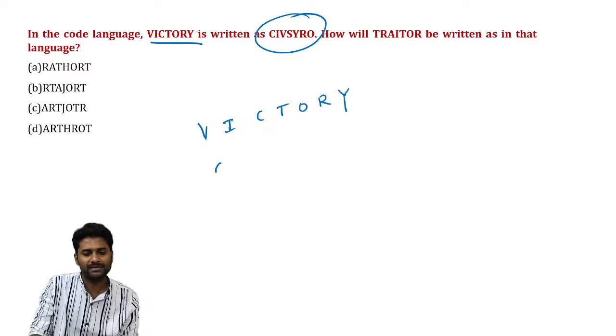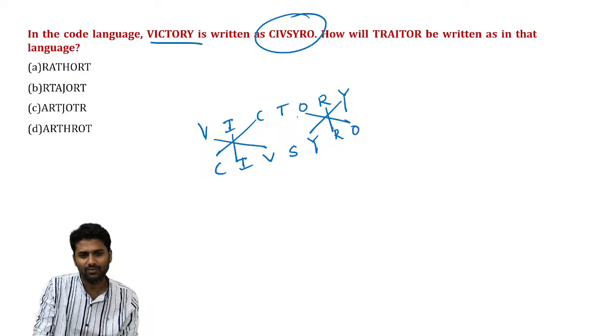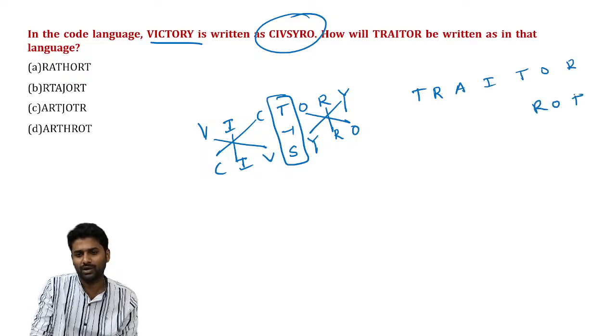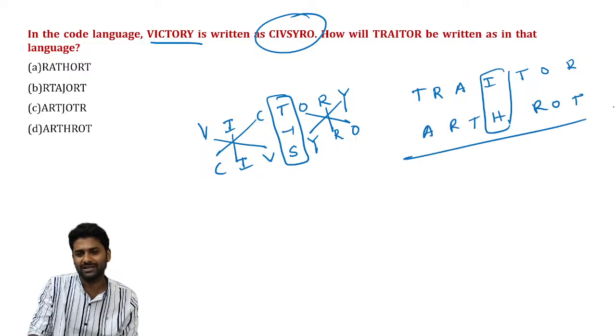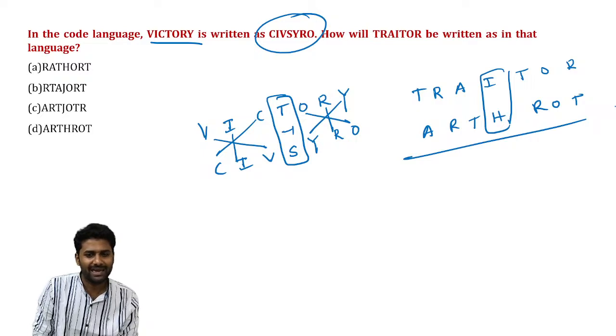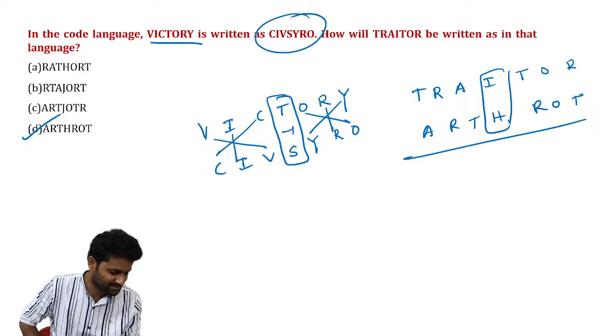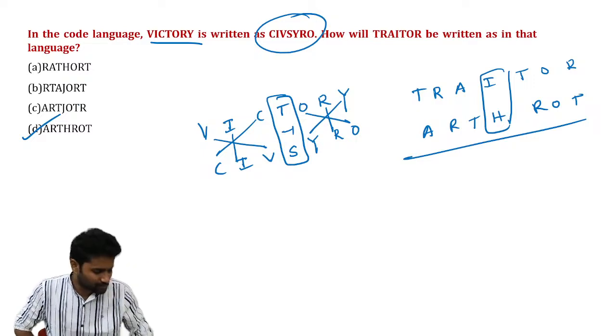Guys, you can see the Y, R, O are the same here. But the center letter T becomes minus 1. In TRAITOR, here ROT, here ART, then I minus 1. I minus 1 is H. So the answer is ARTH. ARTH is the correct answer. D is the suitable answer.